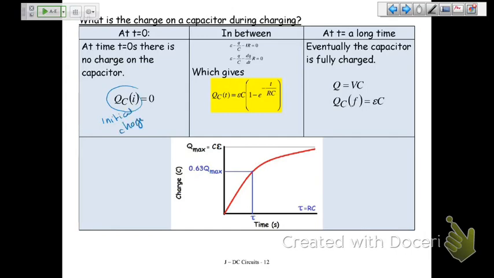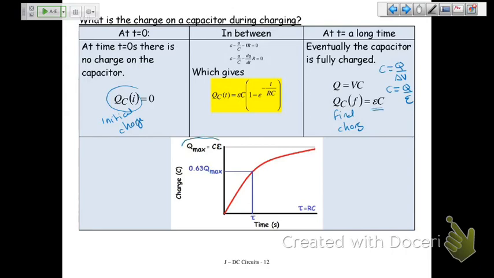And my final charge, once it's fully charged, is equal to, well, remember what we said? We said C is equal to Q over delta V. So my delta V is E in this case, so C is equal to Q over my EMF. So the charge becomes my EMF times my capacitance. That's where I end up.